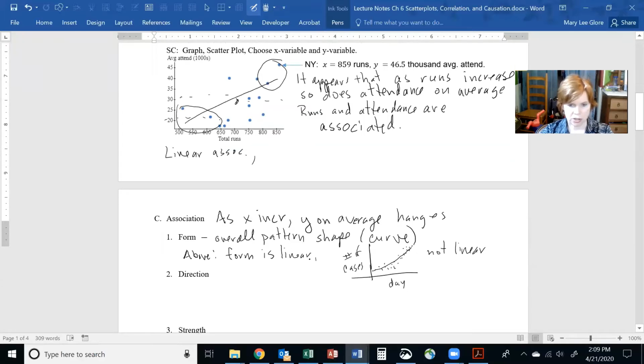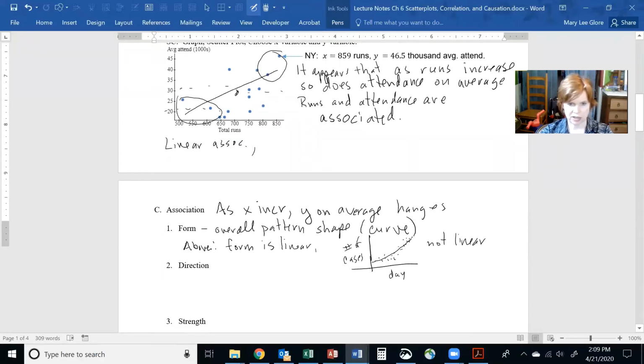The direction tells you what's happening. What I said is as x increases, y changes. Well, does it go up or down? So this one is either positive or negative. Positive is as x increases, so does y. This is positive. It's not linear, but it's positive. This guy is also positive.